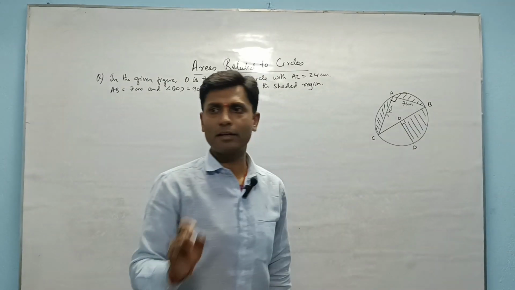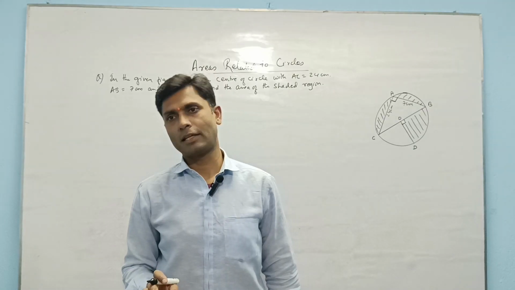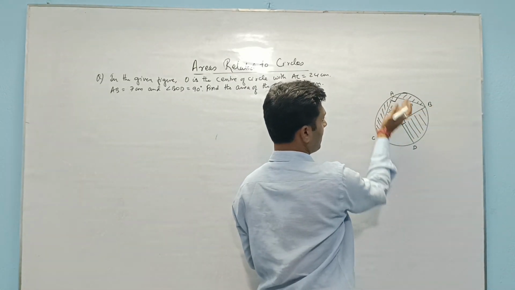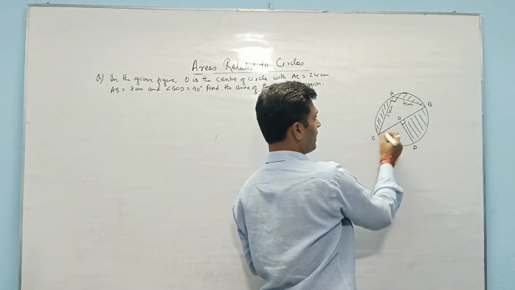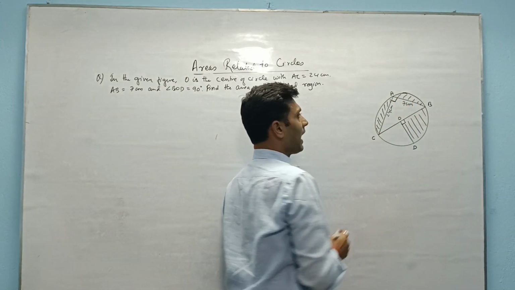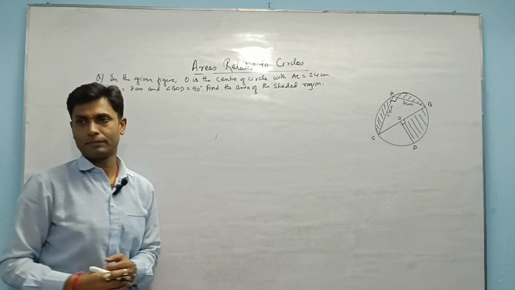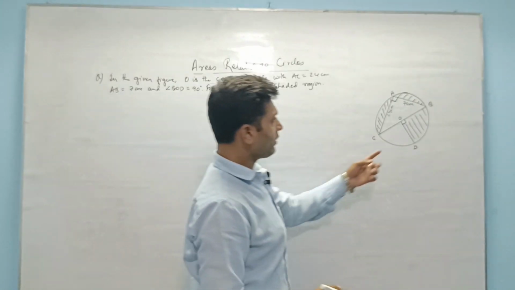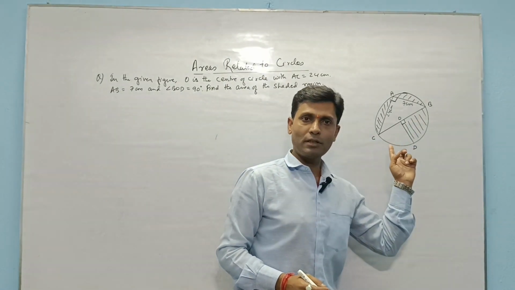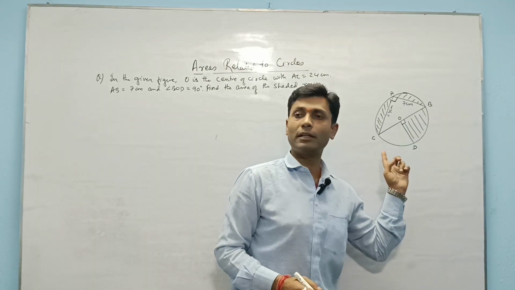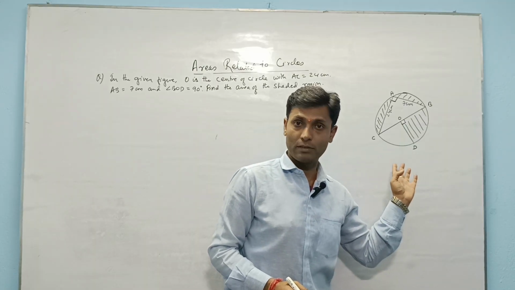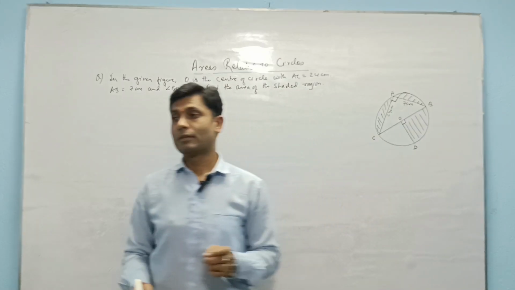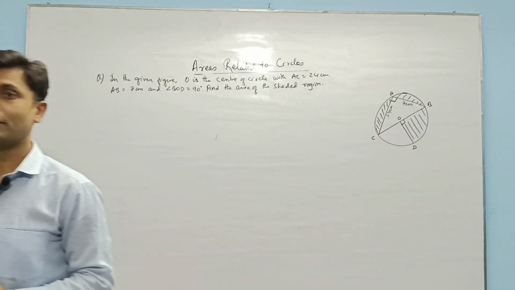Simply we'll write angle in a semicircle is 90 degree. Above this diameter is a semicircle, so this diameter is making a 90 degree angle on the circle. Clear? So now we need to find the length of the diameter so that we can determine the radius of the circle. Any guesses how we can find the diameter of the circle?